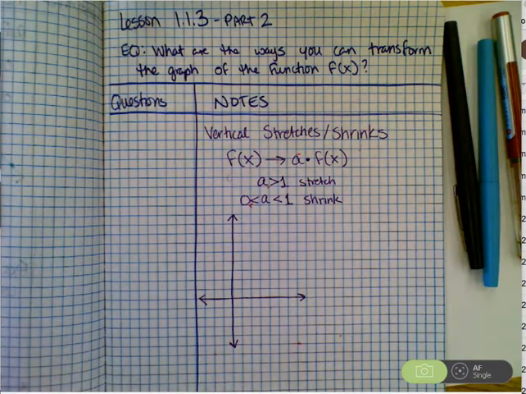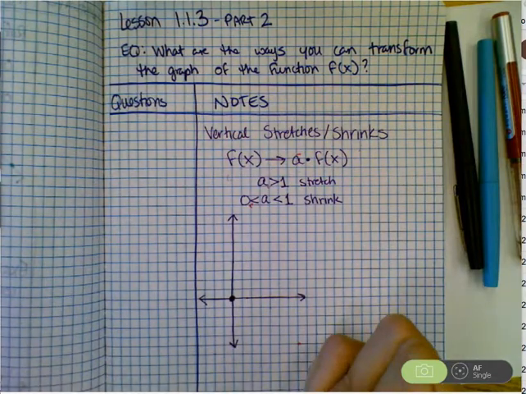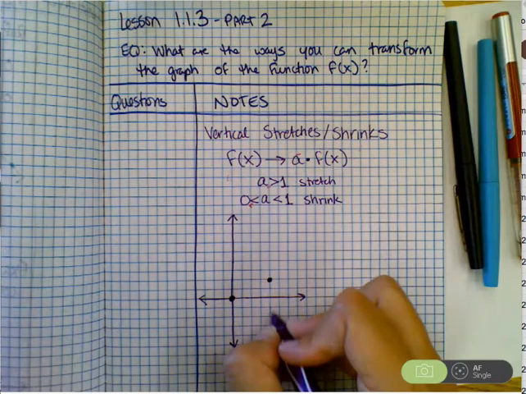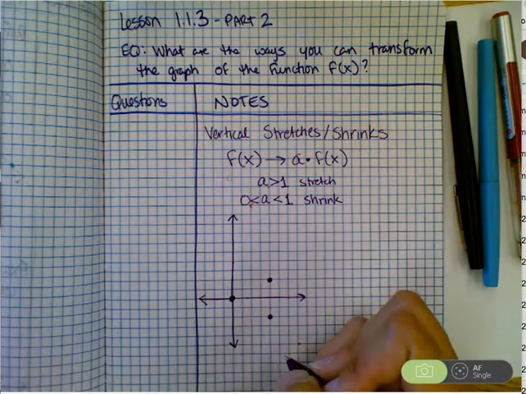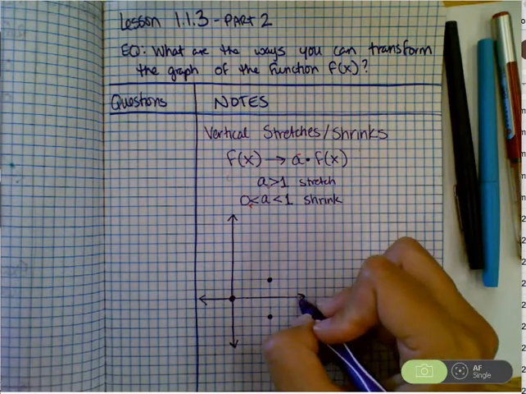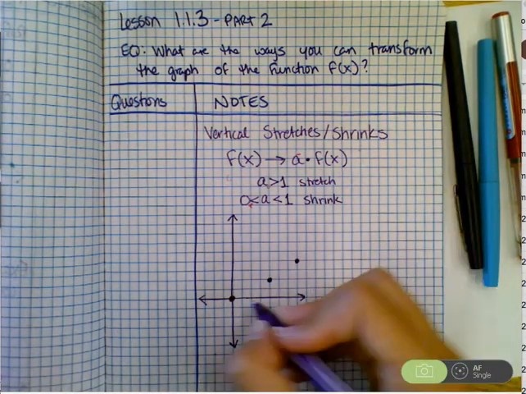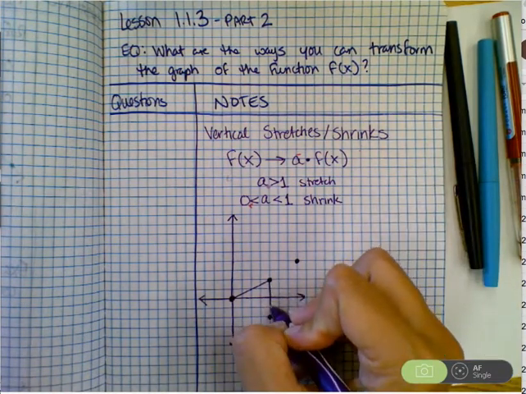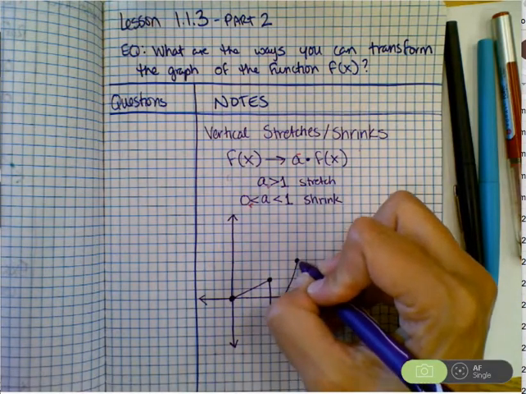So the 4 points we're going to start with are 0, 0, and 4, 2, and 4, negative 2, and let's just use 7, 4. So 0, 0 to 4, 2 to 4, negative 2 to 7 and positive 4.